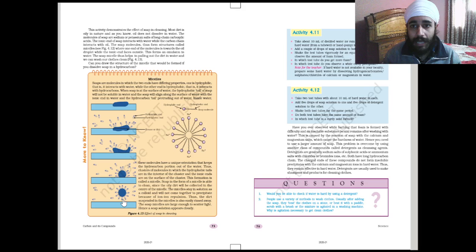It means we need something else to remove that curdy precipitate or to soften the water. In the second activity, 4.12, we implement what we concluded from the first: we take two test tubes of 10 ml and add soap solution to one. From the first activity, the soap solution does not work for hard water.